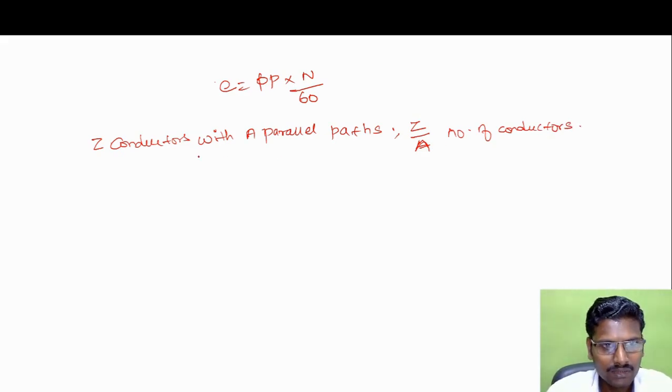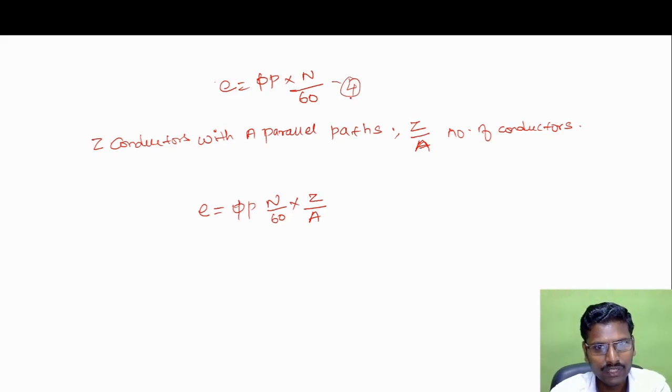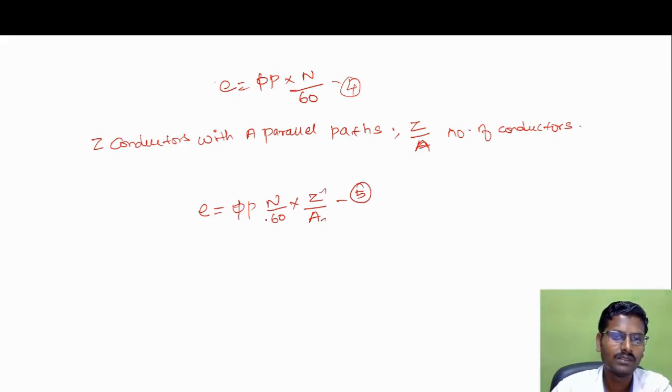So for this, now we are going to write the EMF equation E is equal to phi P n divided by 60 into Z by A. We are considering this is equation number 4 from the previous slide. So this equation number 4 can be written as E is equal to phi P n divided by 60 into Z by A, where Z by A is the number of conductors with respect to the number of parallel paths, right?